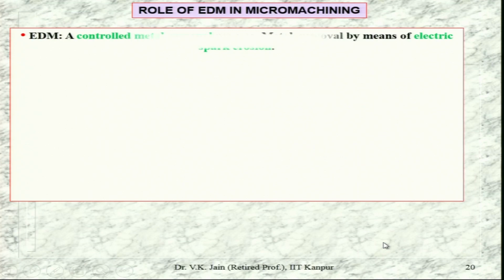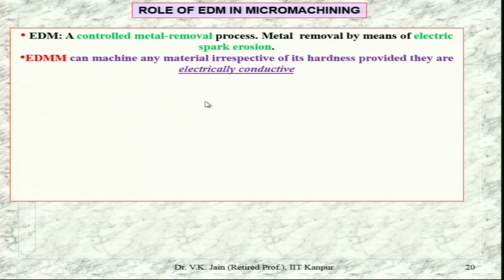Role of EDM in micromachining. EDM, a controlled metal removal process. Metal removal by means of electric spark, that we have already seen. EDM can machine any material irrespective of its hardness and other physical properties, provided they are electrically conductive.